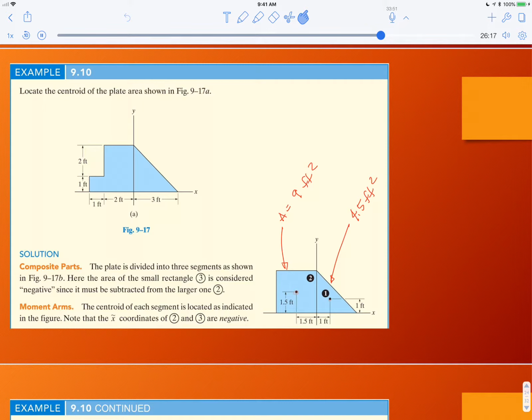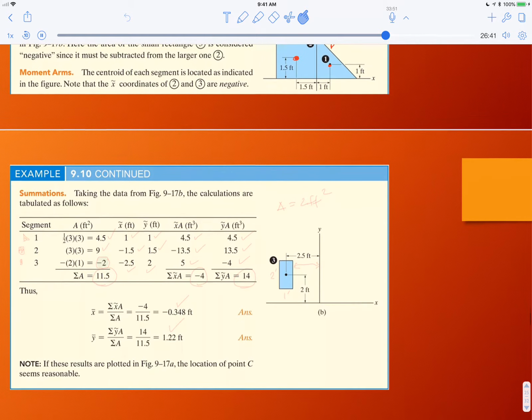The centroid of this 3 by 3 square is at 1.5 feet negative x and 1.5 feet positive y. And the centroid of the triangle is a third of both dimensions, so 1 foot positive x and 1 foot positive y.